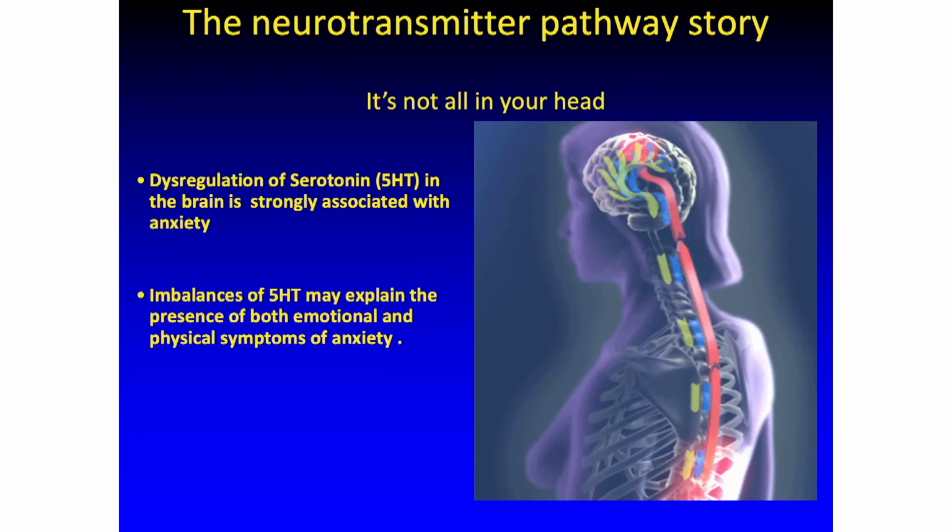So when we talk about anxiety, what neurotransmitter is strongly involved in the neurobiology of anxiety disorder? Well, it's not the only one, but surely serotonin plays an important role, not only for anxiety disorder, but also for major depressive disorder. This is pretty well known, that dysregulation of serotonergic transmission is strongly involved in the neurobiology of anxiety.